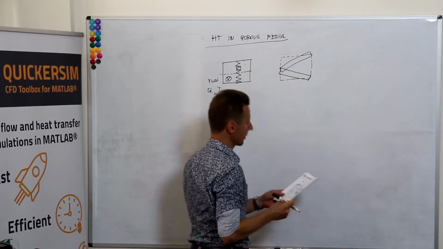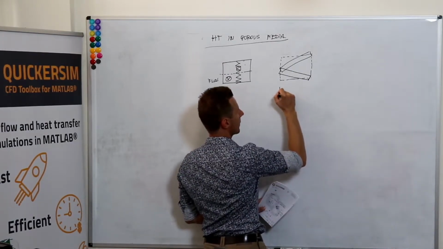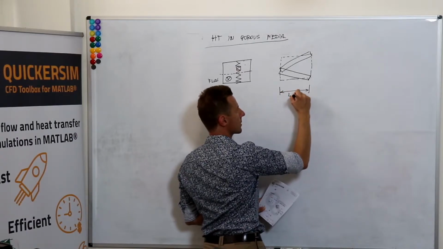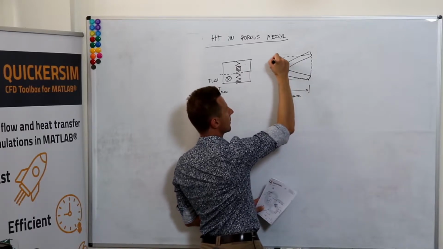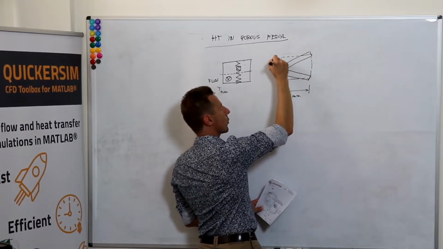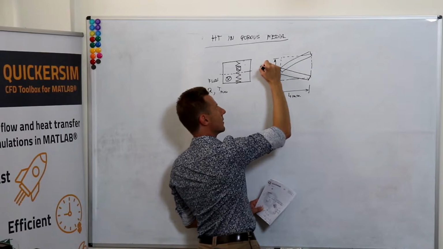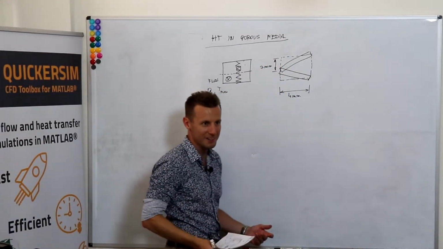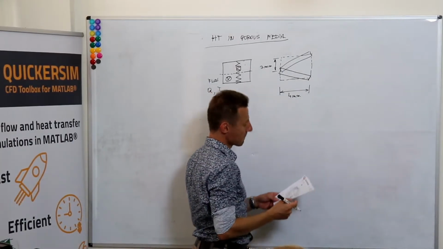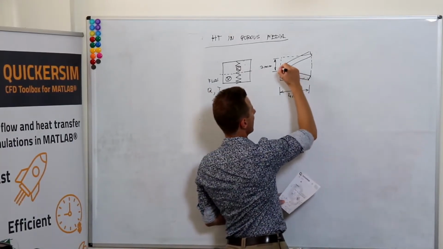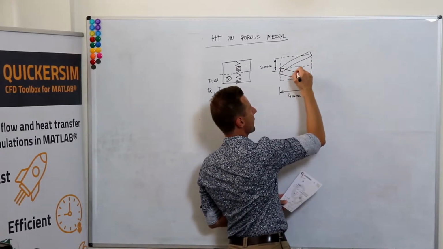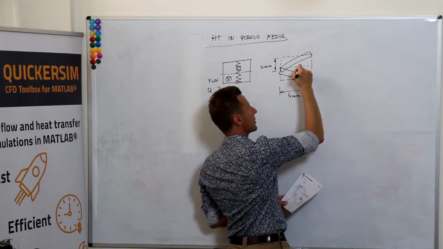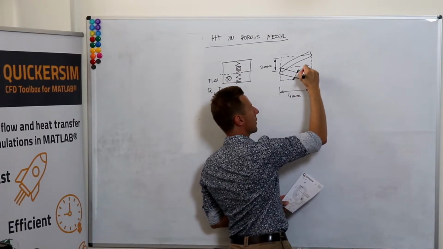For whatever reason, let's assume that this dimension is 4 millimeters. This one is, no wonder, 3 millimeters. You very well know why. And let's assume that the thickness of this metal sheet that was used to create these fins is 1 millimeter.